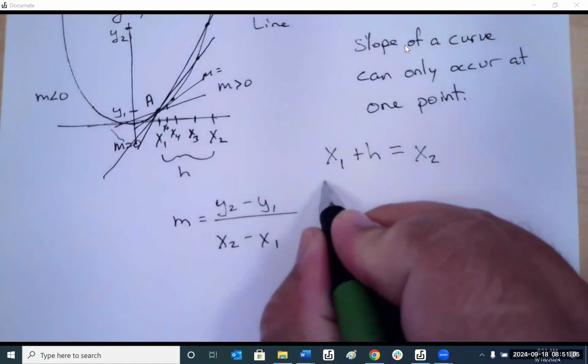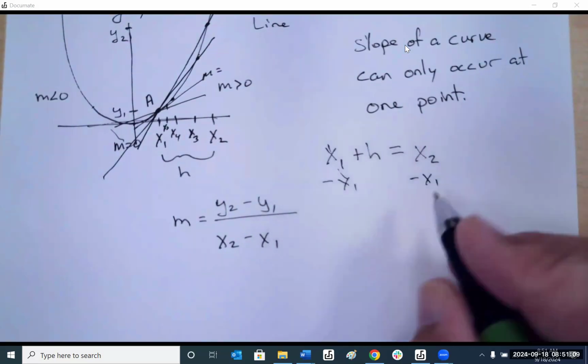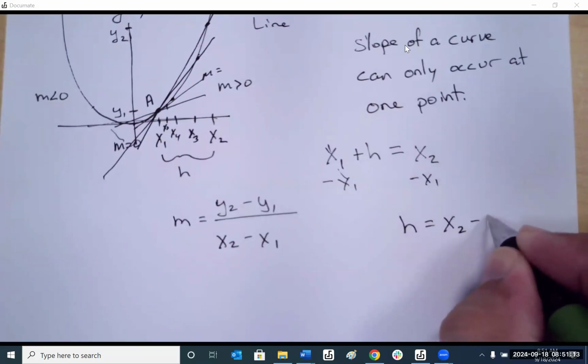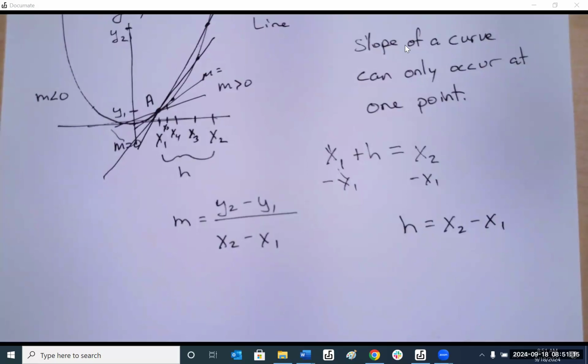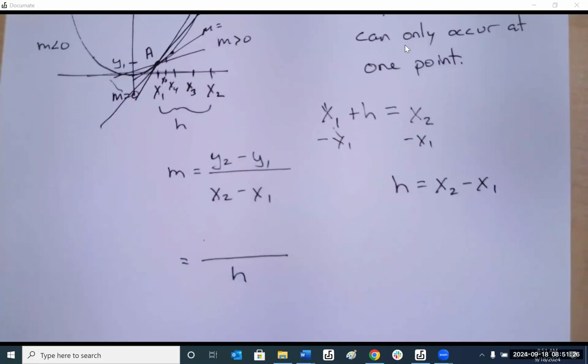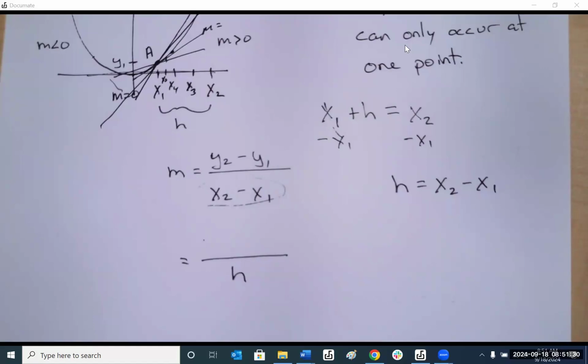So if I subtract x1 from x2, I get h. h is x2 minus x1. So that's what h is. The distance between x1 and x2 is h.